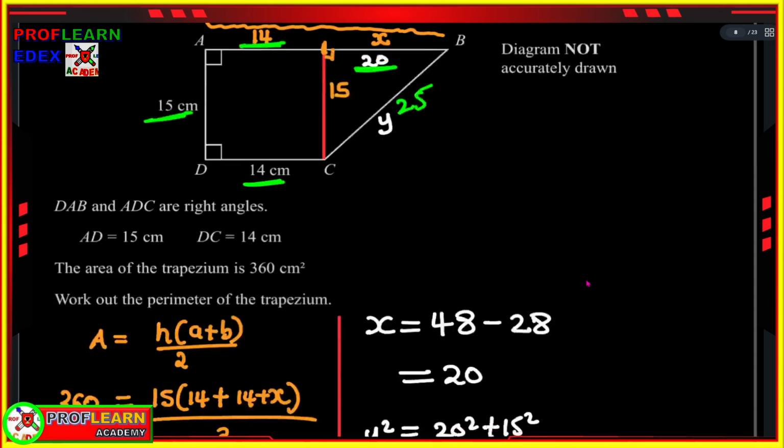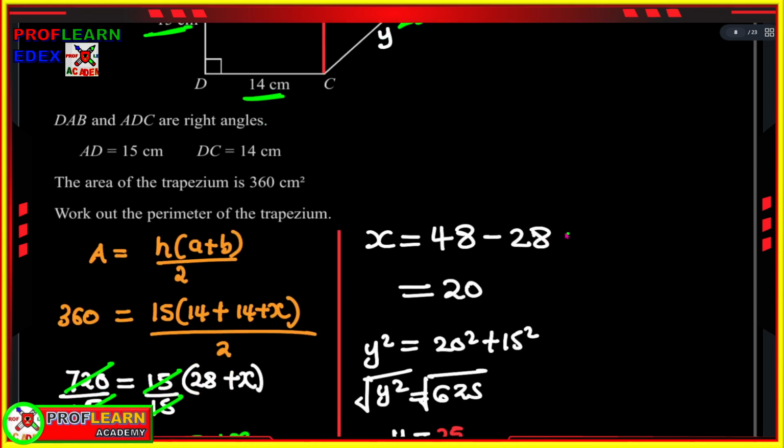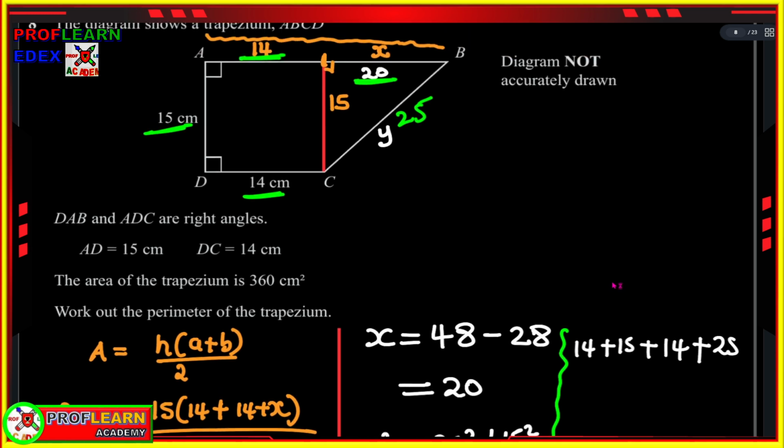So the perimeter will be 14 plus 15 plus 14 again plus 25, the one that we had gotten, then plus 20.